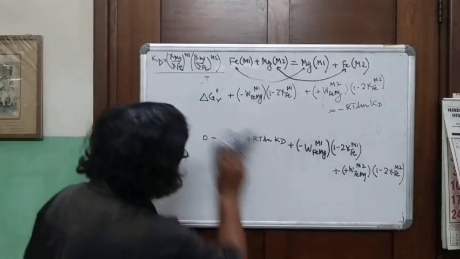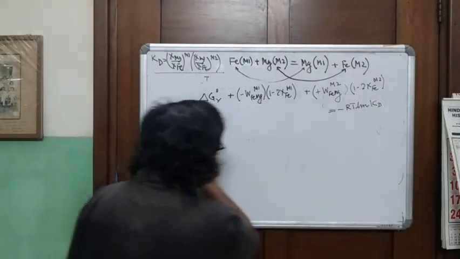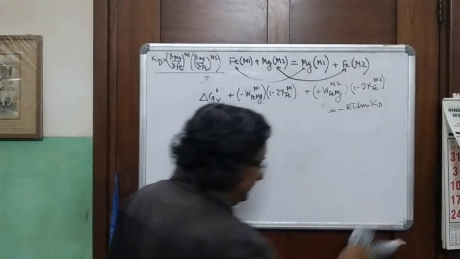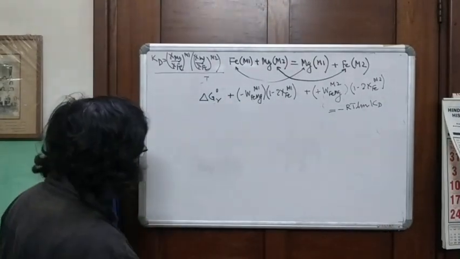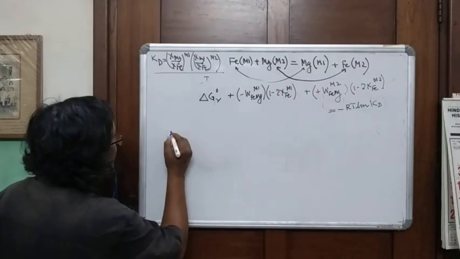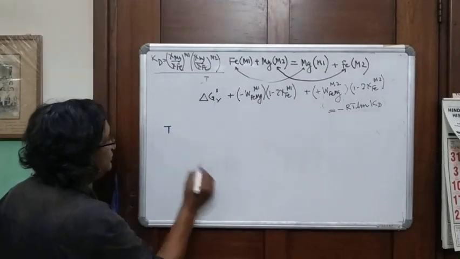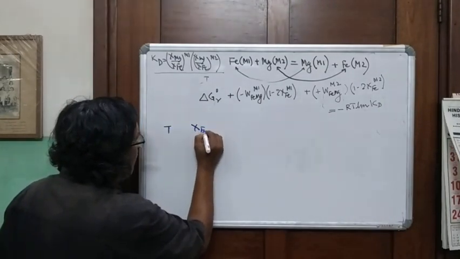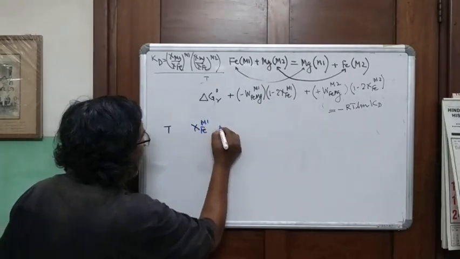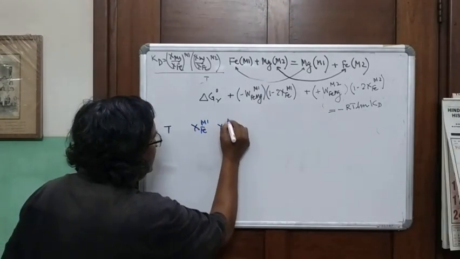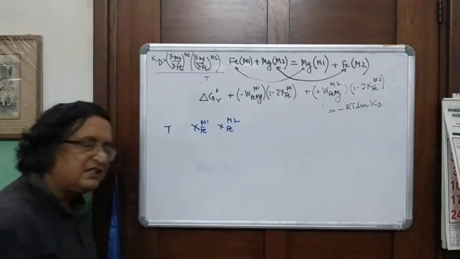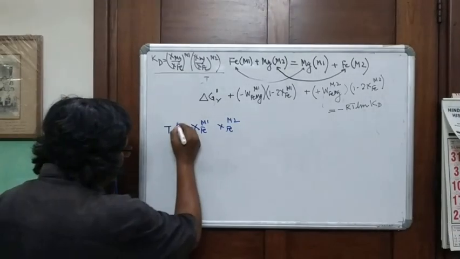Now, remember I told you what data do we have from the experiments? We have temperature, XFE M1 and XFE M2. These are the experimental data that we get.